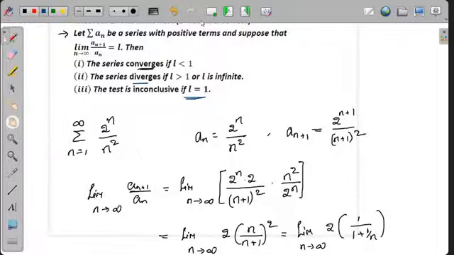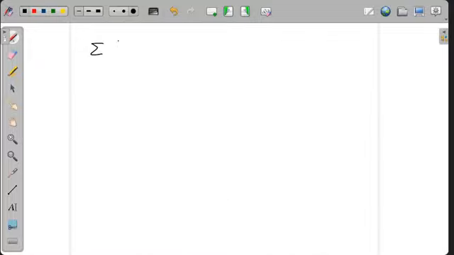Can we solve this by using comparison test? Yes, you can solve. See, we are just trying testing methods of convergence and divergence. Yeah, so if you want to apply comparison test here, let me do it here. So summation 2 power n over n square.